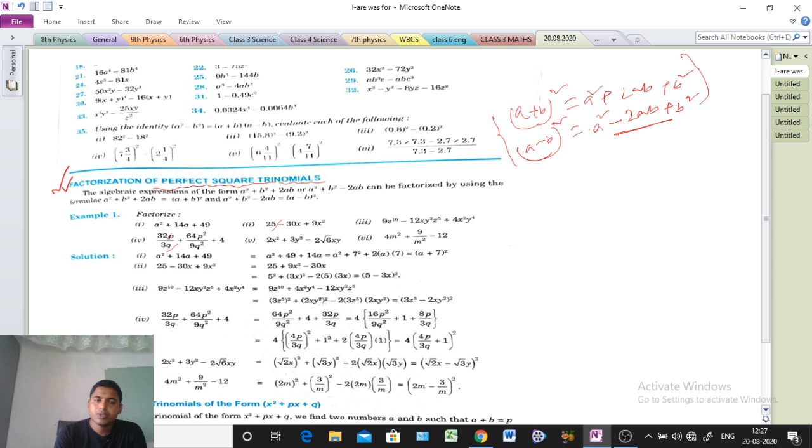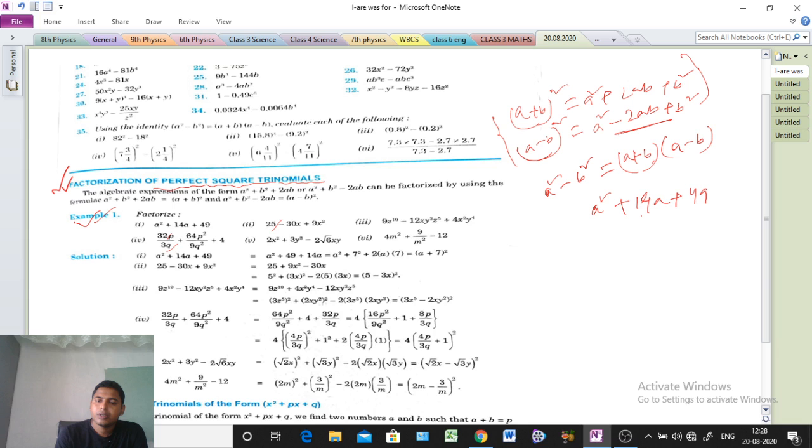Now we will take the problems. The first example is a square plus 14a plus 49. Clear or not? With the help of these formulas we will do it. Just check it.